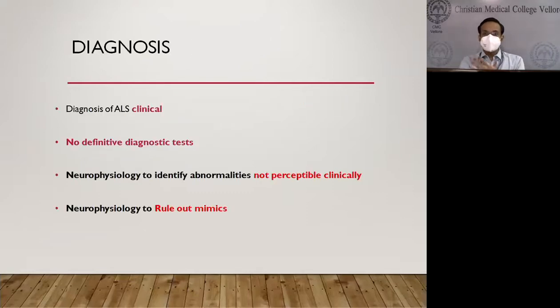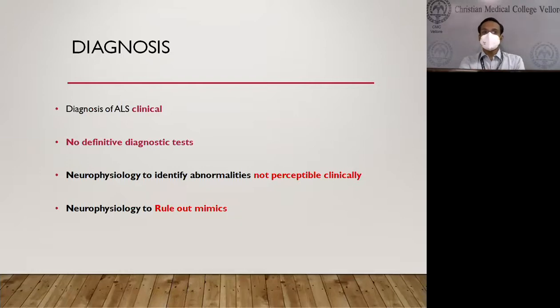I would like to emphasize this point: the diagnosis of ALS remains clinical, and there are no definitive diagnostic tests. This is a progressive motor disorder, and the words progressive and motor disorder are the most important words in the diagnosis of ALS. The use of neurophysiology or electrophysiology is predominantly to identify abnormalities which are not apparent on clinical examination.